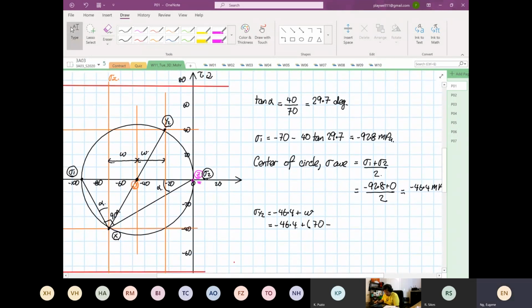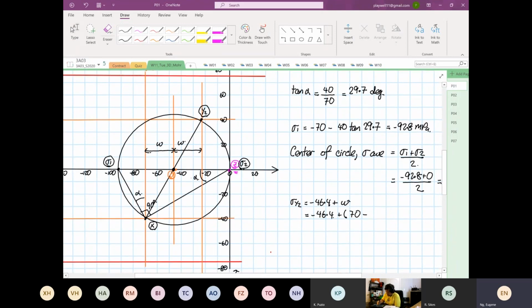Wait, let me. All of a sudden I'm having an issue finding omega now. So I know this angle is alpha. So if this is alpha, this is alpha also.